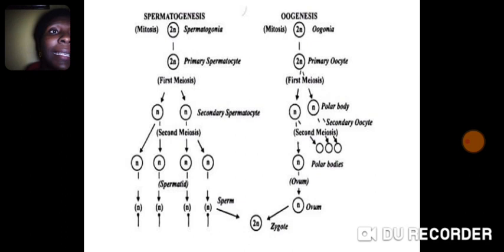And then for the first meiosis of oogenesis, 1 polar body, 1 secondary oocyte, but the second meiosis, 3 polar bodies, 1 secondary oocyte, which if fertilization occurs, becomes an ovum, which will then form the 2n zygote.